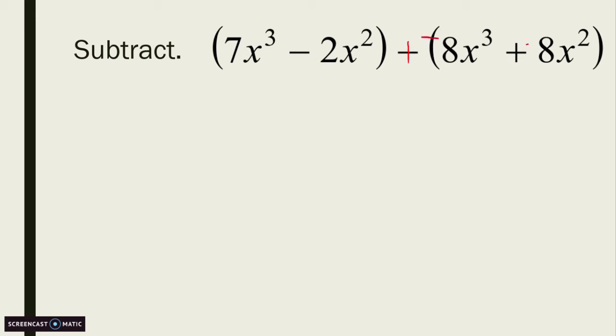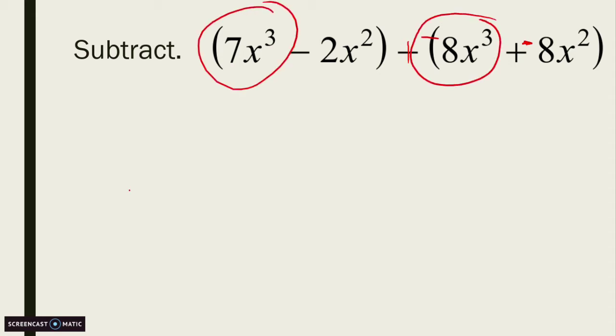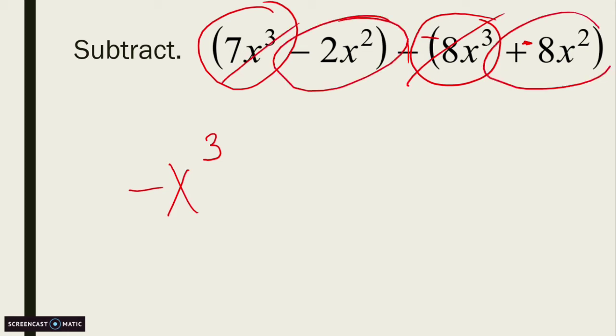Add the opposite. Find those like terms. Start with the highest exponent. 7 minus 8 is negative x to the third power, or negative 1x to the third power. These x squareds combine together to give us negative 10x squared.